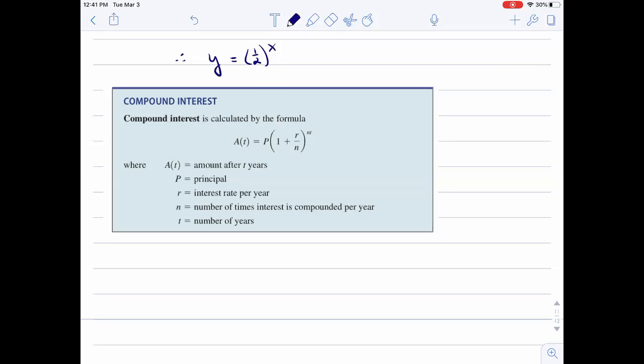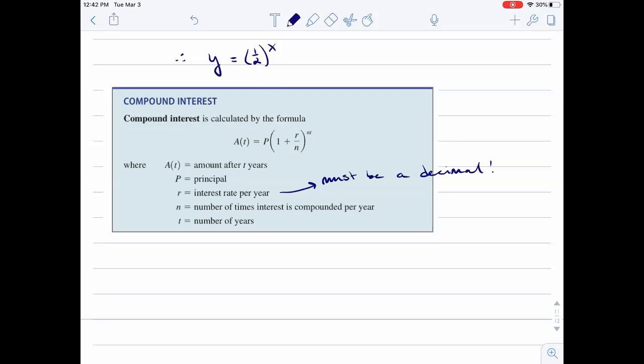And so R must be a decimal. N is the number of times interest is compounded per year, right? So some common ones would be monthly, so then N would be 12, right?